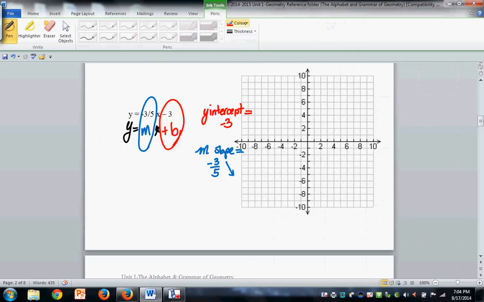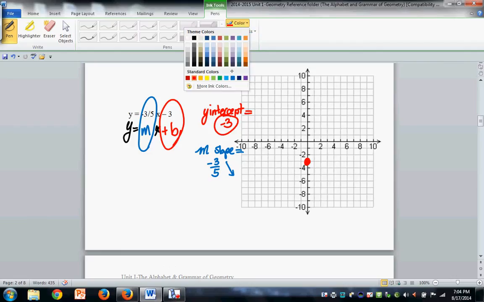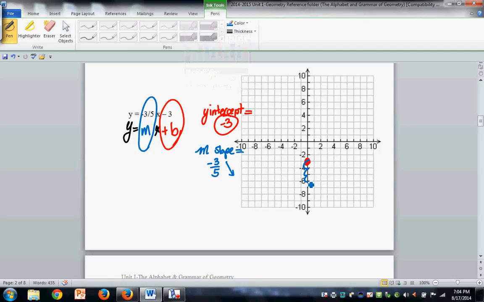So to graph, we're going to start by graphing the y-intercept, which is -3. And then it's a downward line, so we're going to go down 3, and then over 5 this way. 1, 2, 3, 4, 5. You could also go up 3, and to the left 5. Either way, it must tilt downward from left to right because it's a negative line.